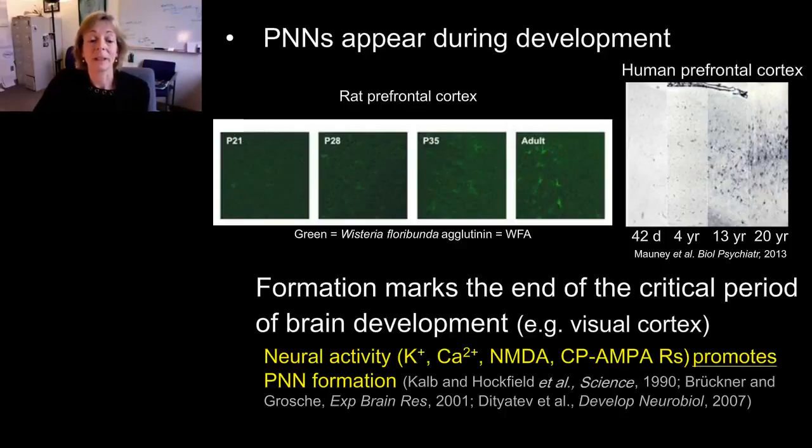During development, the formation of nets is dependent on neural activity in the underlying neurons, and that's been shown with activity dependent on potassium, calcium, and the glutamate receptors NMDA and also calcium-permeable AMPA receptors. So those all promote the formation of these perineuronal nets during development.